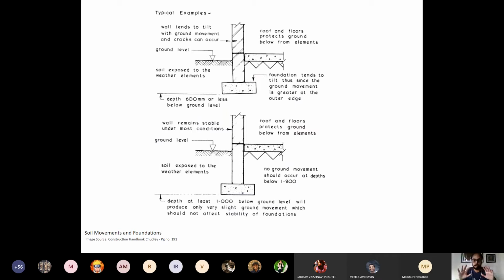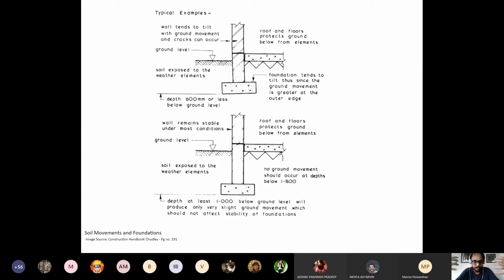Okay, a few considerations before we go. Suppose the depth of the foundation is 600 mm or less. Okay, this is an example. What will happen is that your soil, which is outside your building, is going to be subject to different kinds of weather forces. It is also going to be subject to all kinds of movements, cracks, and things like that, whereas the soil right beneath your building is not going to be exposed to weather the same way.